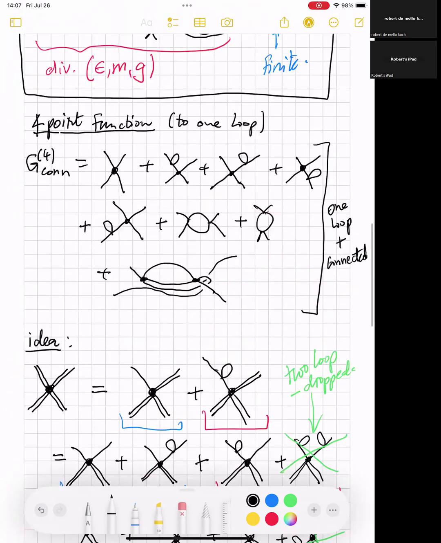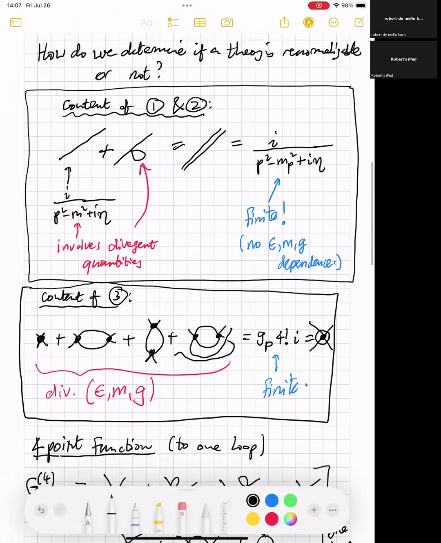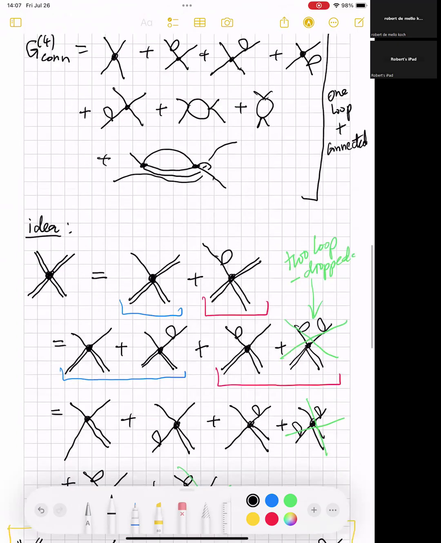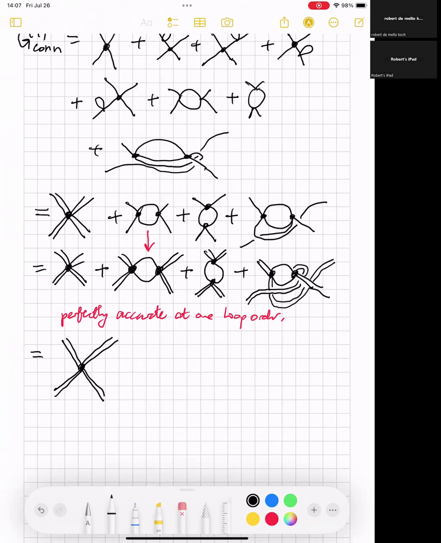Summing the loop turned a thin line into a thick line, and summing these four diagrams turns a thin vertex into a fat vertex. Okay, so that's the content of equation 3. Summing these four diagrams changes the original thin vertex into this fat vertex. And summing these four diagrams over here turns our thin vertex into that fat vertex. So that's what we finally get.